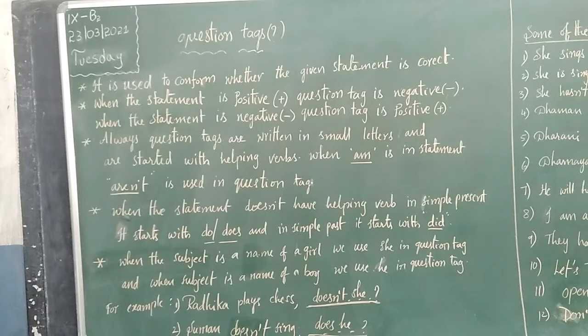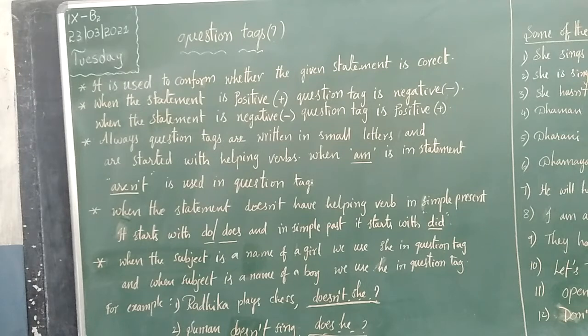And the second one, when the statement is positive, the question tag is always negative, right? When the statement is negative, the question tag is positive. That means just contrary. And the second point, question tags are always written in small letters, not capital letters. We should not use any capital letters in the question tags.